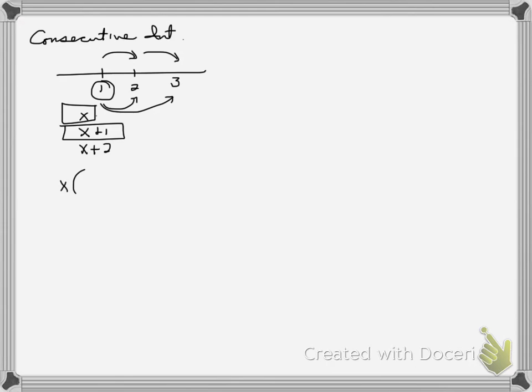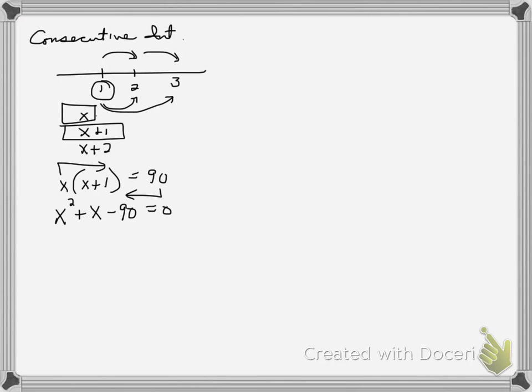So their product would be 90. And then you would distribute and solve. How would I solve that one? X squared plus x, pull to the left, minus 90 equals 0, set to 0.